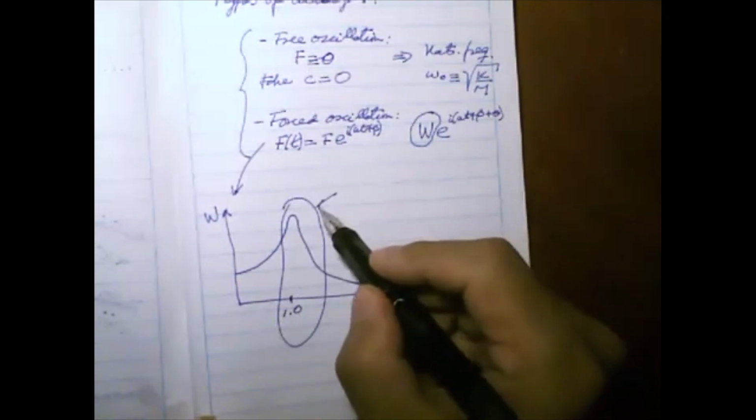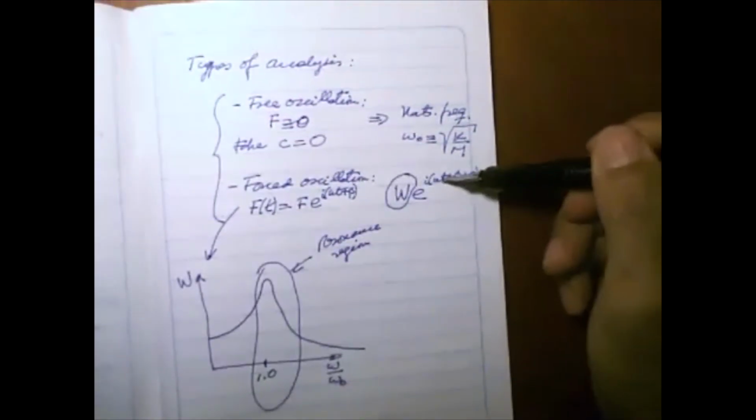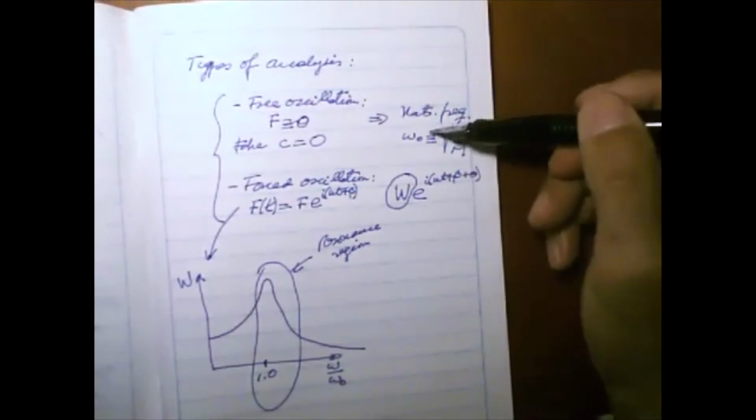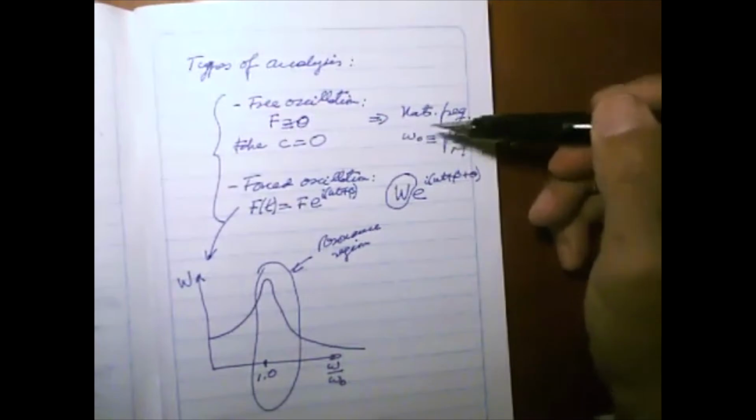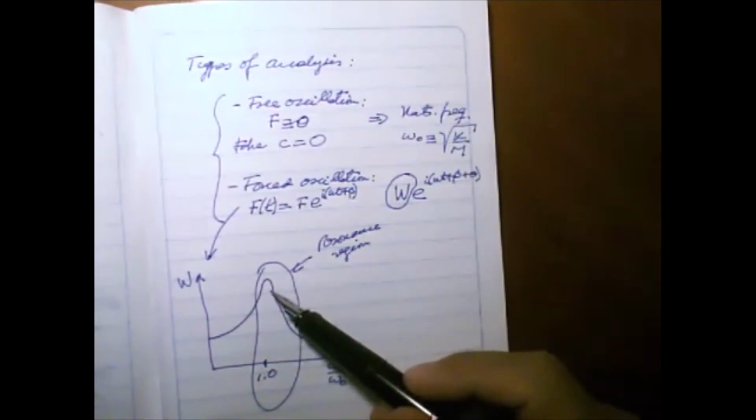And this region, where we have this effect of magnification, this is what we call the resonance region. So, if we have an excitation frequency which is close to the natural frequency, in general, the amplitude will be increasing.